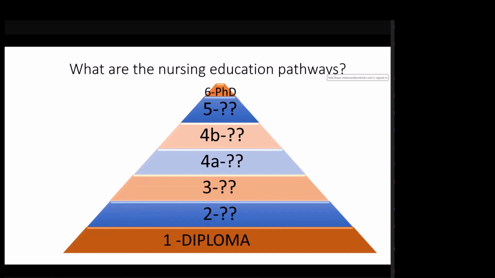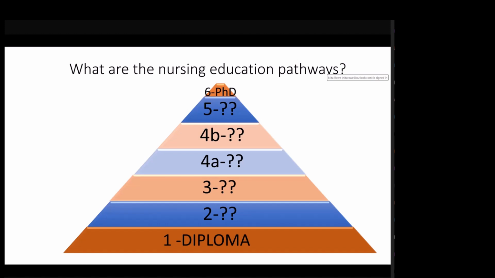One is diploma nurse. I gave you that. What's two? ADN. Okay. What's three? BSN. Okay. 4A. This is one degree, but I broke it up. What's 4A? MSN, general MSN, right? So that means you can become an educator, you can become a clinical informatics specialist, you can specialize in nurse management.